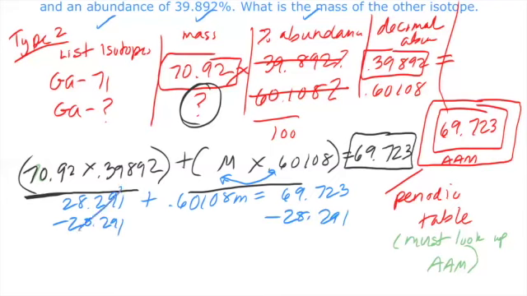I'll just have 0.60108 M is equal to what's left on the other side, 69.723 minus 28.291. Oops, I entered it in my calculator wrong. Oh my gosh, you guys, I can't use this calculator.